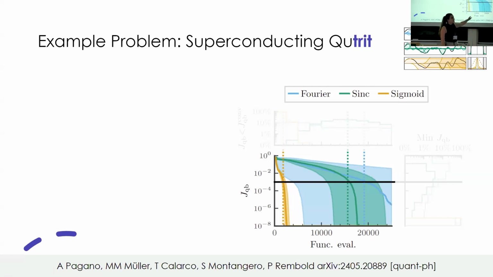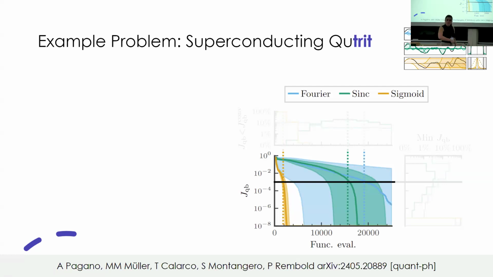The solid line for each of them is the median of these optimizations, and the shaded area describes where the ones surrounding it go. So for the Fourier basis, if you do 100 optimizations, some of them might converge and some of them might go somewhere totally different. So you can't really know.